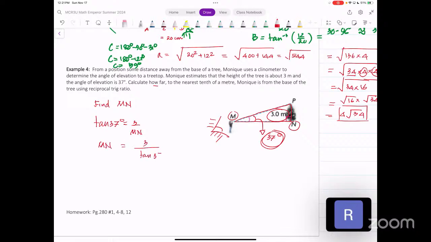Are you guys following that? You just write MN. MN is the distance, that's what you're going to find out. So you can do 3 divided by tan 37. What did you get, Aaron? Oh, you have a calculator.